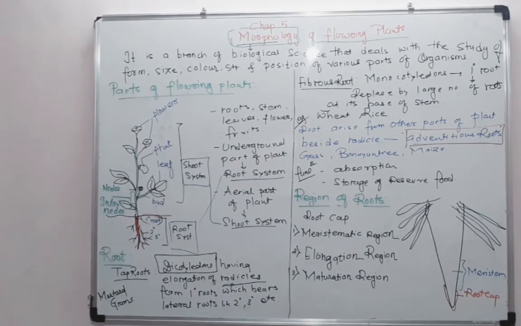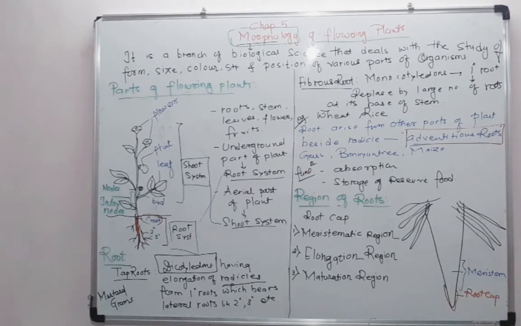So meristematic region is what? Cells of this region are very small, thin-walled with dense cytoplasm. They divide repeatedly, and cells proximal to this region undergo rapid elongation. That means what? First one is root cap, right?